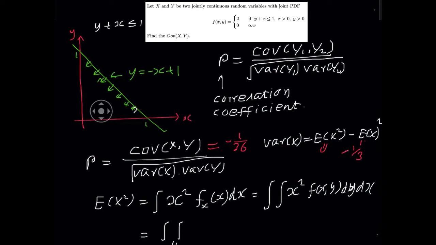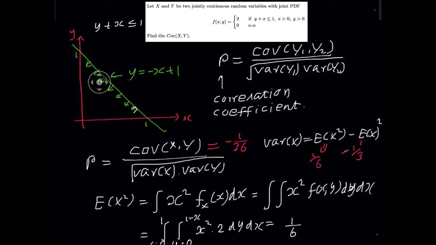First y, again, you now understand, y goes from 0 to 1 minus x, and x goes from 0 to 1. So x to power 2 times f(x,y), which is 2, dy dx. So this equals 1/6. Now we know expected value of x squared is 1/6.